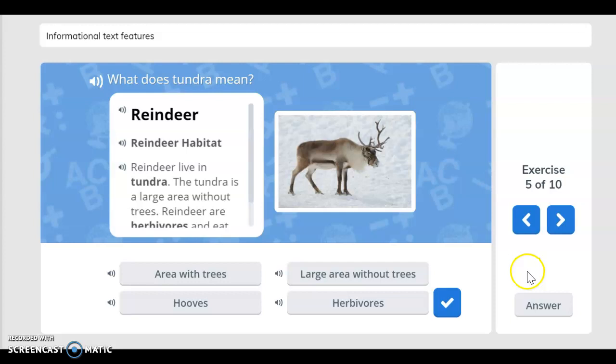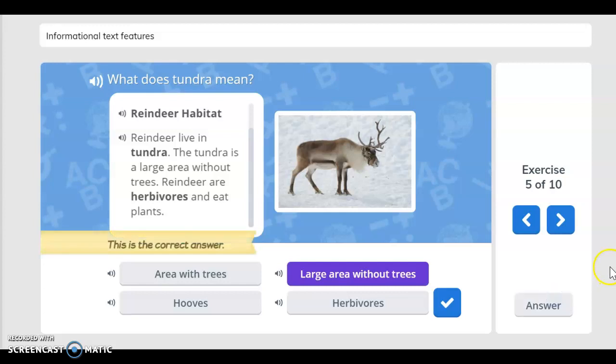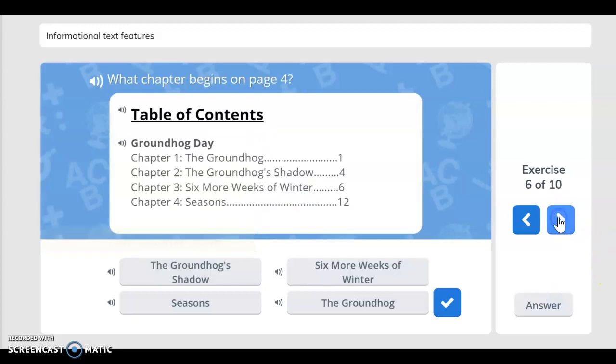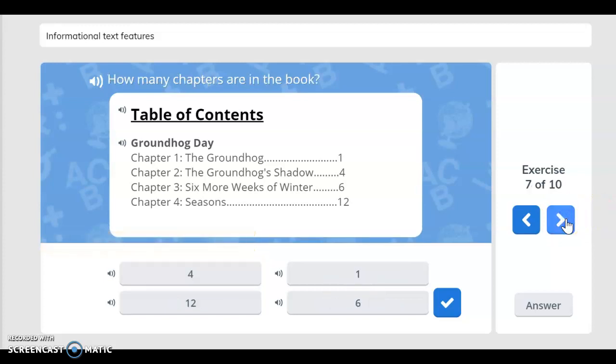What does tundra mean? Large area without trees. What chapter begins on page 4? Chapter 2. The groundhog shadow. You said that, you are correct.